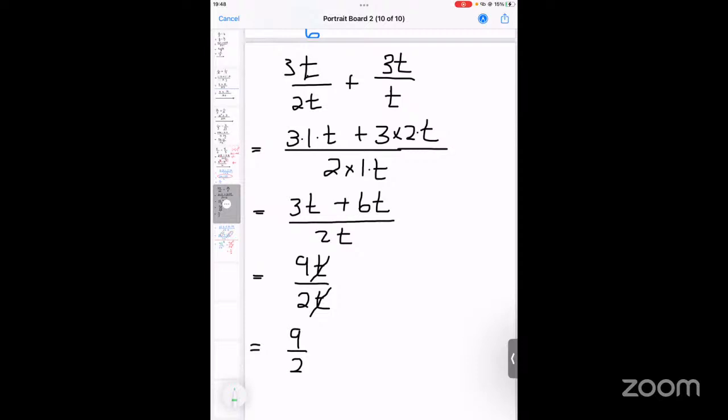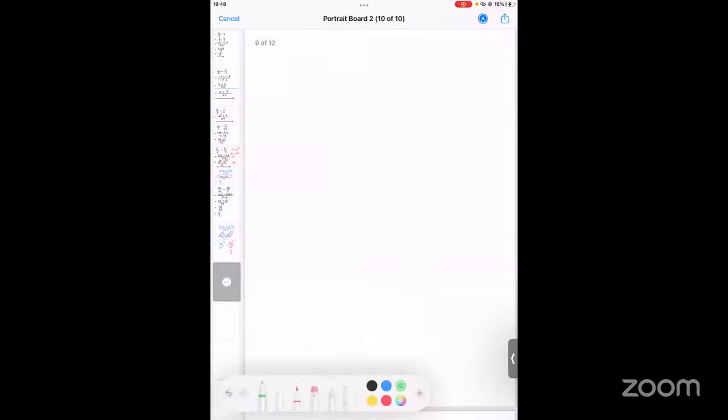You do have a t there, but you did not include that one. You do have your 3t there, but you did not include that one. Again, you do have your 2t, but you did not include that one there. Okay, maybe let's do a last example, and then from there we will be done.